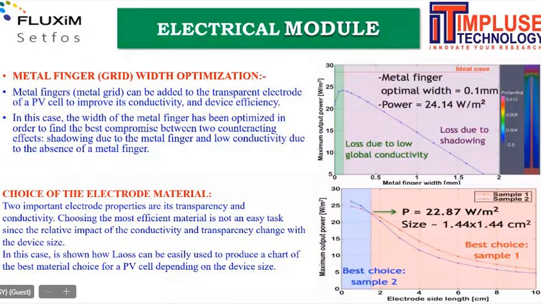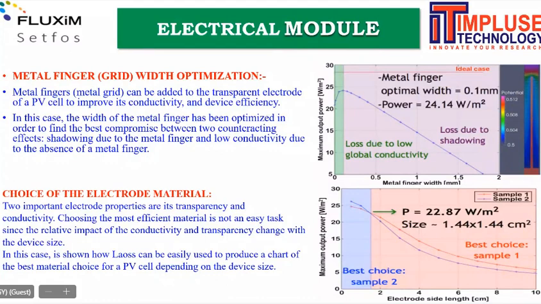So this kind of metal finger grid can be created or added to the transparent electrode of this photovoltaic device, which will help improve the conductivity or device efficiency. In the coming slide, I will show you how metal fingers or different kinds of grids can be created on top of the solar cell structures.